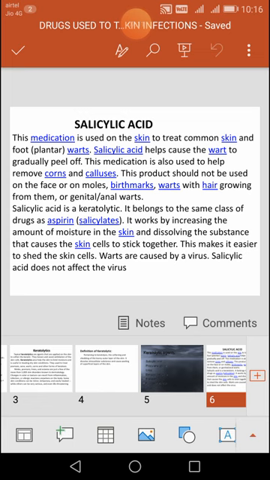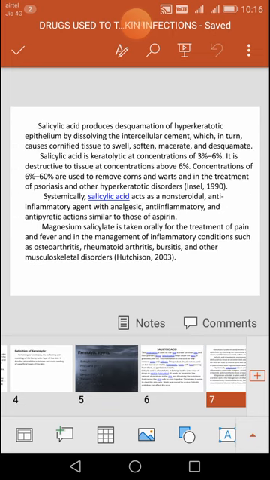Then warts are caused by a virus. Salicylic acid does not affect the virus. Salicylic acid produces desquamation of hyperkeratotic epithelium by dissolving the intracellular cement, which in turn causes cornified tissues to swell, soften, macerate, and desquamate.